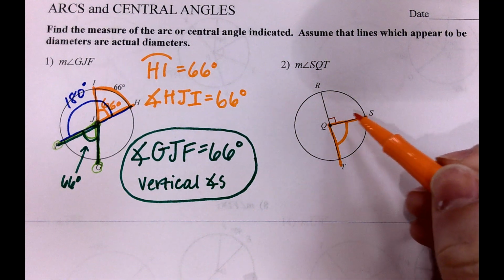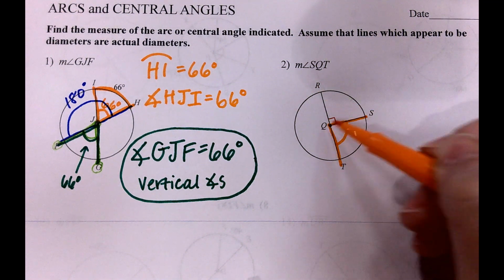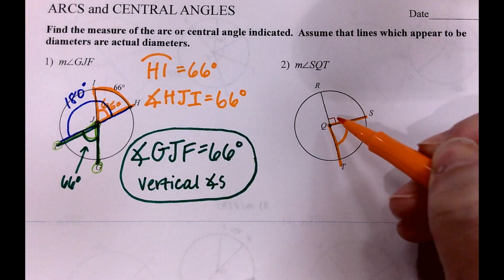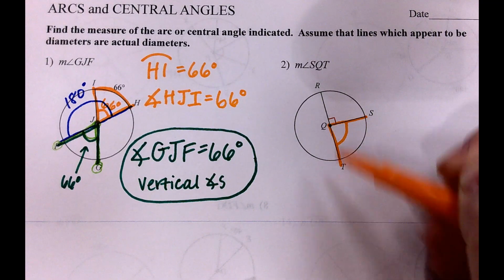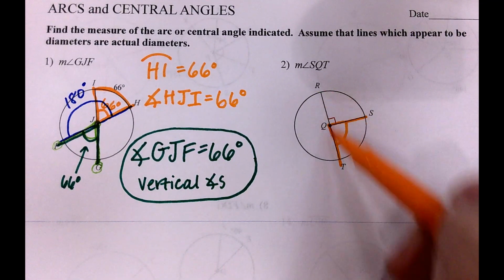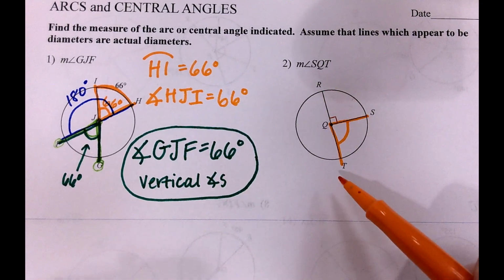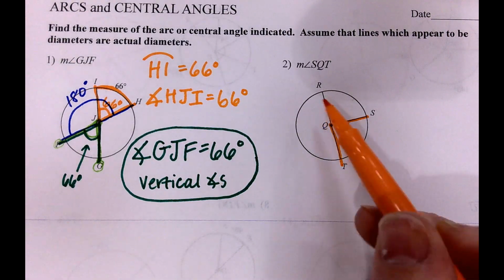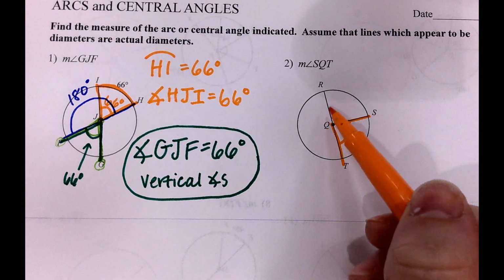We know that angle RQS is 90 degrees because it has that red box. We also know, because the directions say that these lines that go all the way across, you can assume that it is a diameter, meaning it goes all the way across for sure.